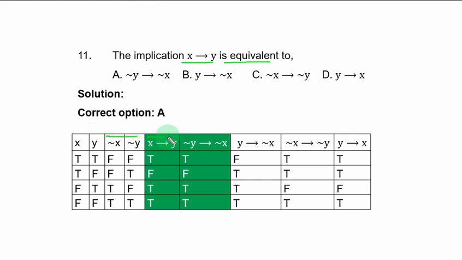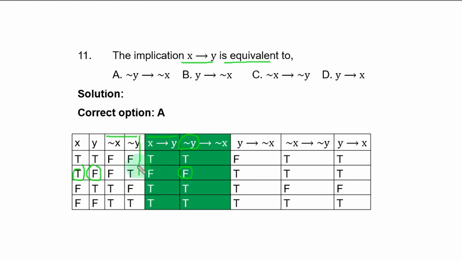This is the given statement, and this statement is only false when the first statement is true and the second is false. Let's examine if negation y, then negation s. By this, we are considering negation y as the first statement, and negation s as the second statement. So let's examine where we have first here.